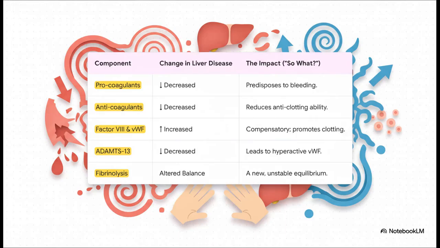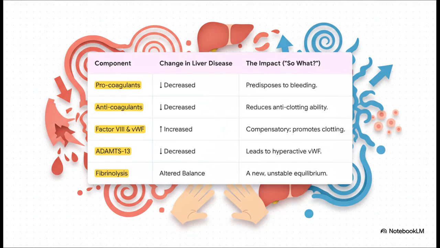Okay, this table right here, this is where it gets really fascinating, because it lays out the central paradox that we're dealing with. So on one hand, pro-coagulants are down. Of course, that's why the INR is high, that's why these patients bleed. But look at the other side of the equation. The body's own natural anticoagulants, things like protein C and S, are also down. And then you have these incredible compensatory changes.